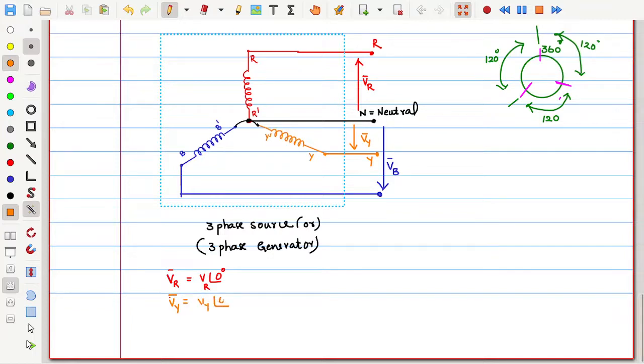I am just writing the same thing with different notation, that's all. You should be in a position to understand whatever the notation may be. So it has magnitude and angles. Sorry, this should be minus 120, this is minus 240.